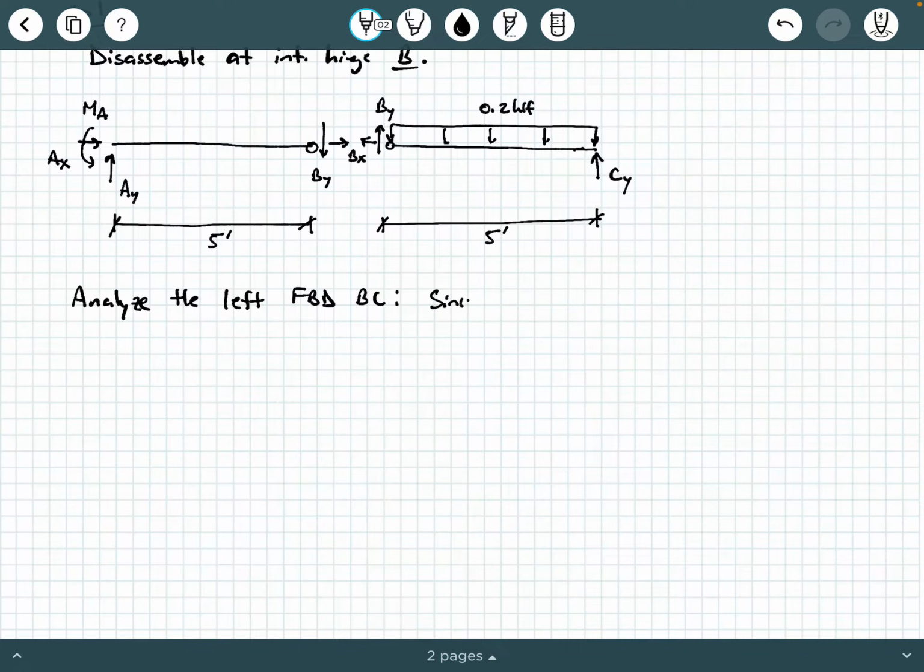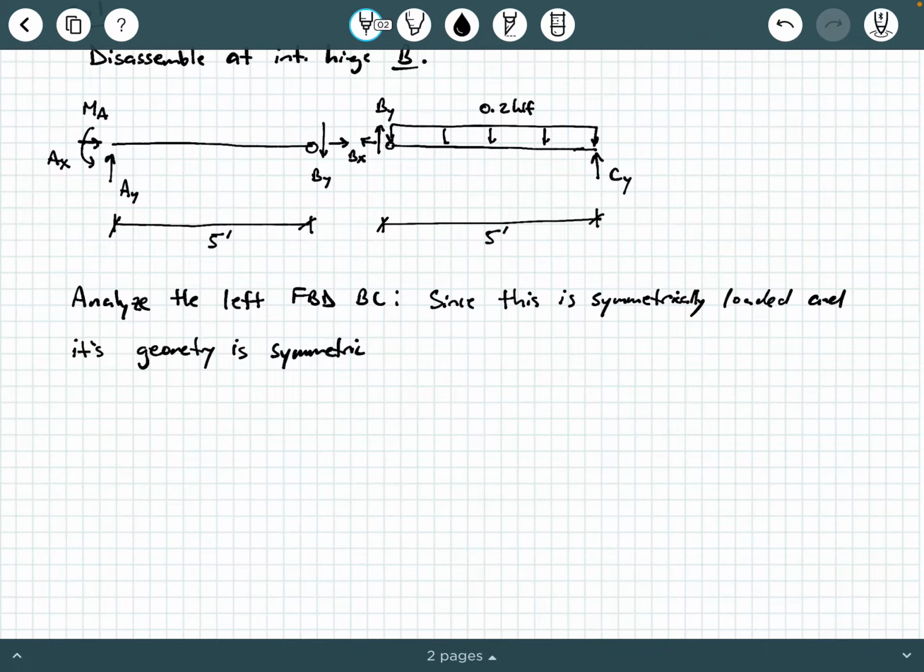So I'm going to make a note, since this is symmetrically loaded and its geometry is symmetric, we can say AY equals CY, and that just equals 0.2 KLF times 5 feet divided by 2.